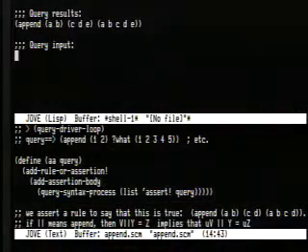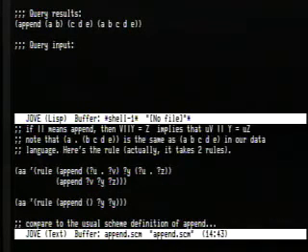Now let's look at append in the query system. And let me start with this second rule. It says append the empty list to anything gives anything.